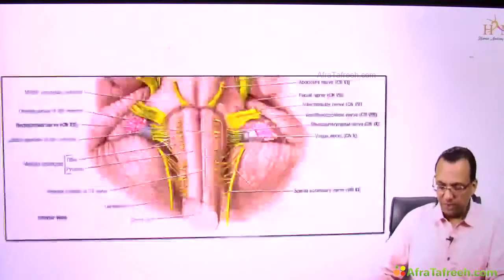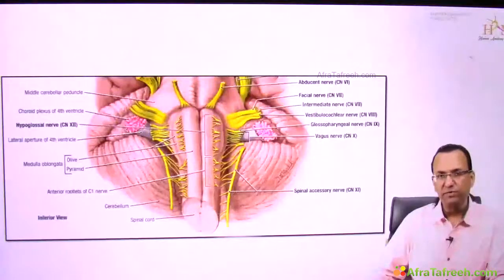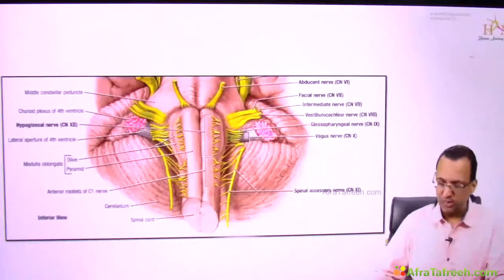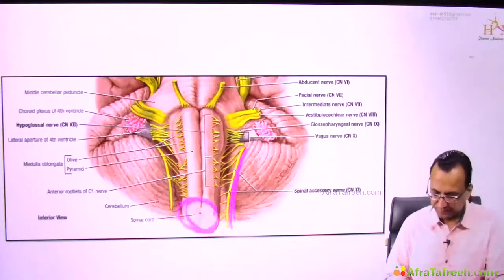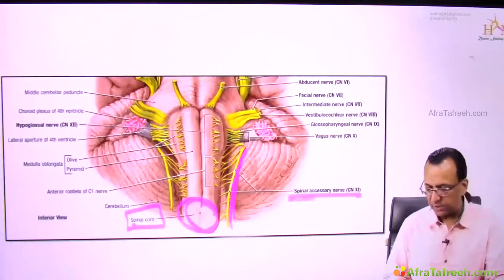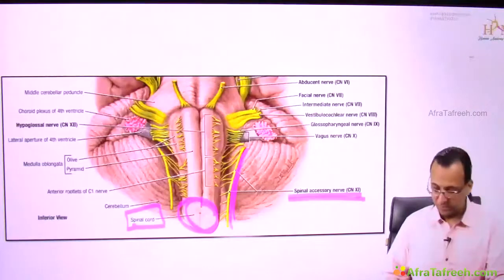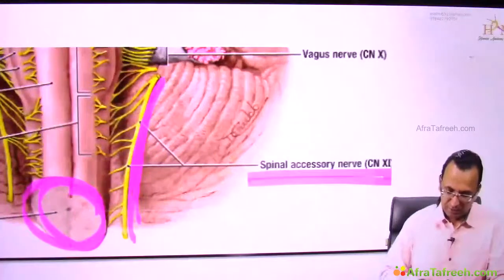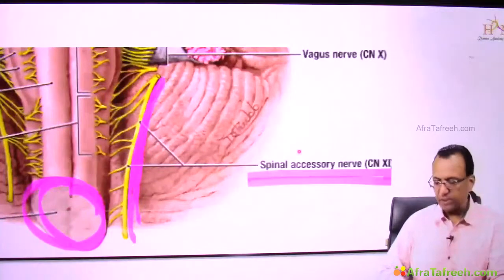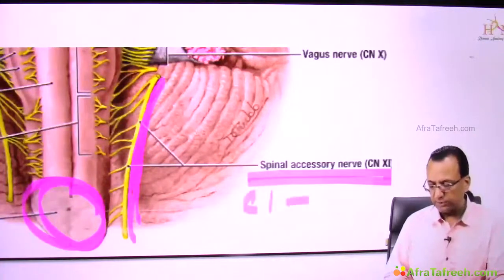Now, once you have that kind of orientation, I see one more nerve coming here from the spinal cord. Who is that? This nerve coming from the spinal cord is called the spinal accessory nerve, the spinal part of the accessory nerve. Where is it coming from? C1 to C5.